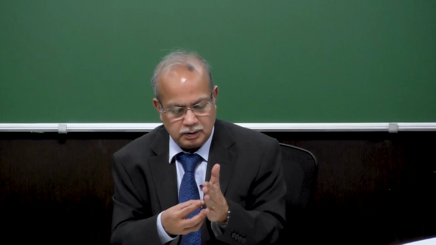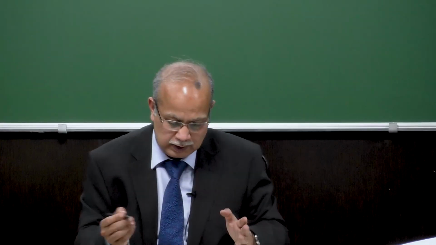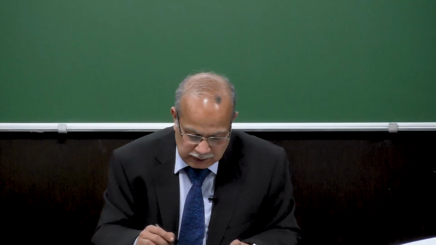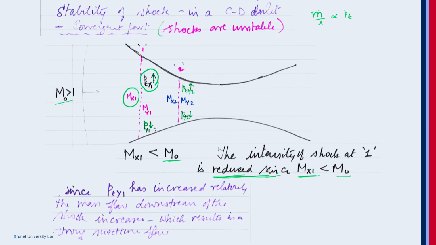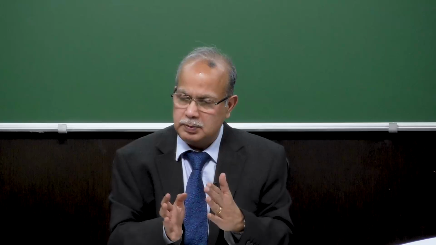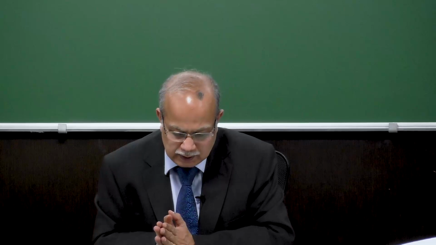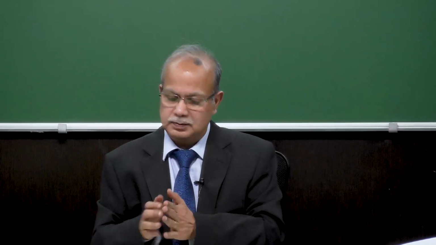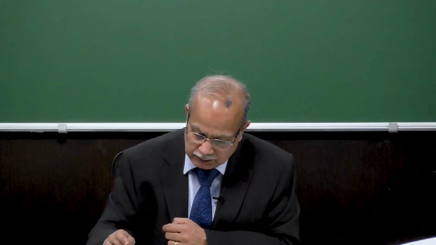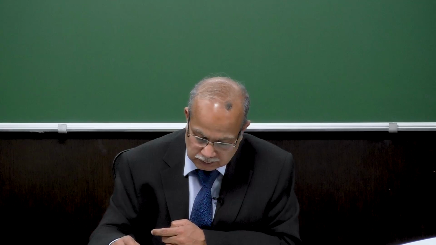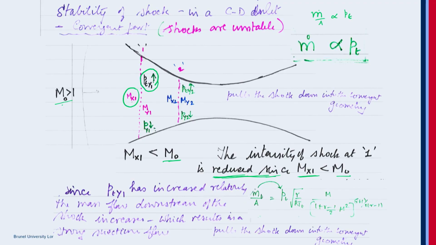Strong suction effect. Now let's look at it. We're taking a snapshot again. We are moving to section 2. When we move there, again due to geometry, the Mach number decreases.